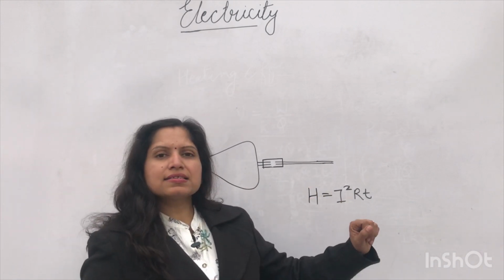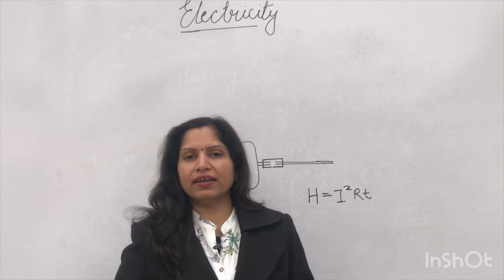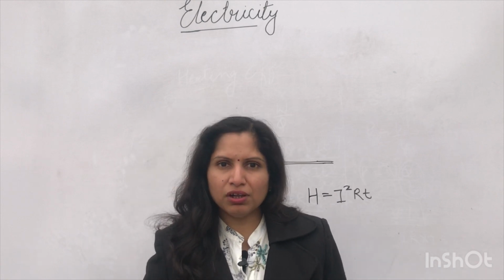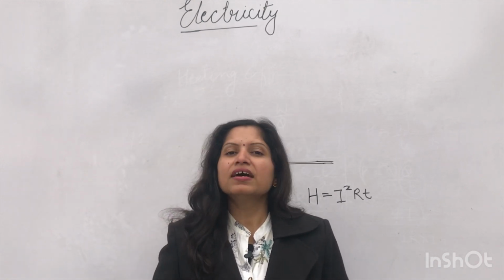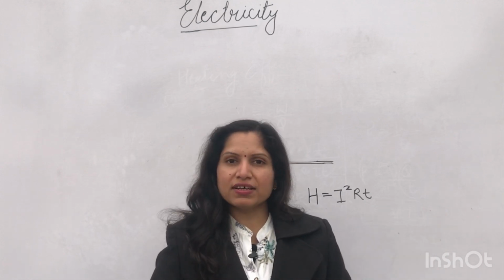So that is the second practical application of Joule's law of heating, the fuse wire. Third one is electric bulb. In electric bulb, we have a filament, and that filament is almost exclusively made up of tungsten.